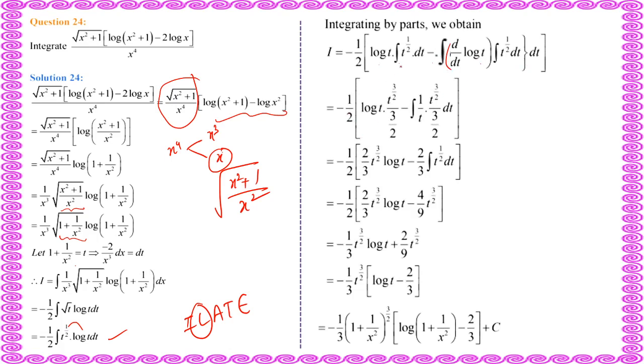Now after that, log t as it is, and the integral of t is t power 3 by 2, 1 by 2 plus 1 is 3 by 2, and minus the derivative of log t is 1 by t, and then again the integral of this is t raised to the power 3 by 2 upon 3 by 2, and then solve it and then put the value of t back. What was t? We assumed t as 1 plus 1 upon x square. So we have written 1 plus 1 upon x square here and here as well.